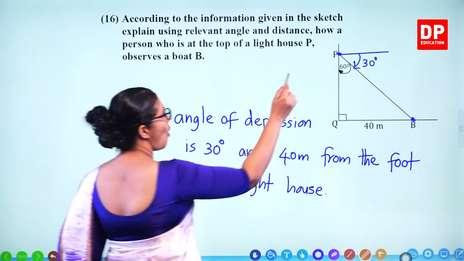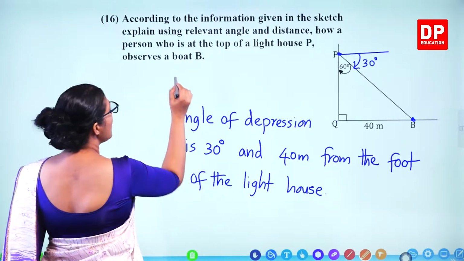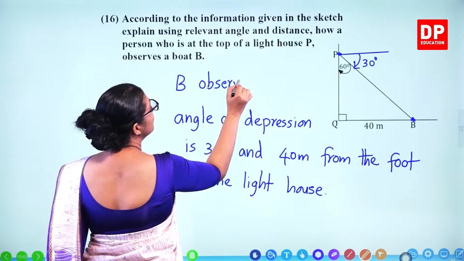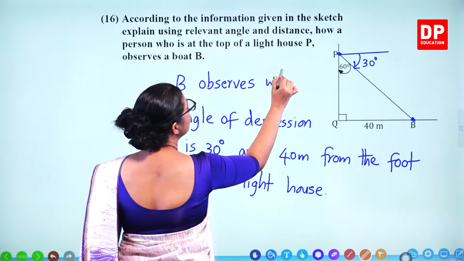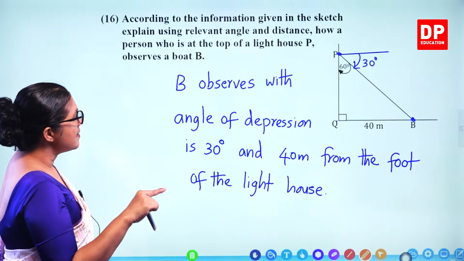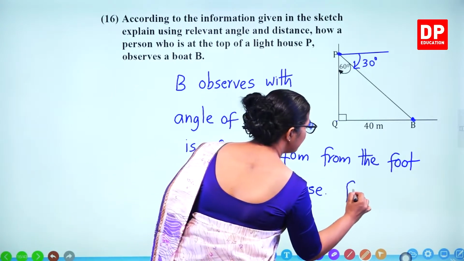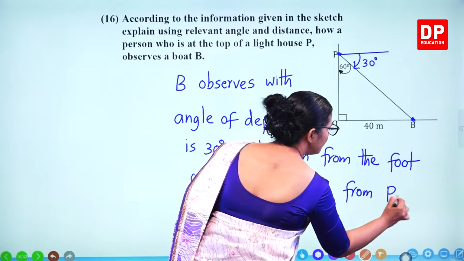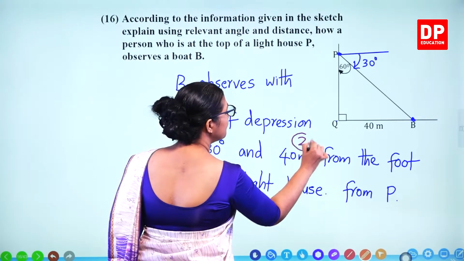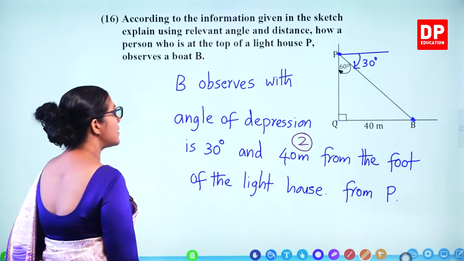So that's from P. We can write B observes with angle of depression 30 degrees and 40 meters from the foot of the lighthouse from P. So 2 marks for that. 1 mark for angle and 1 mark for distance.